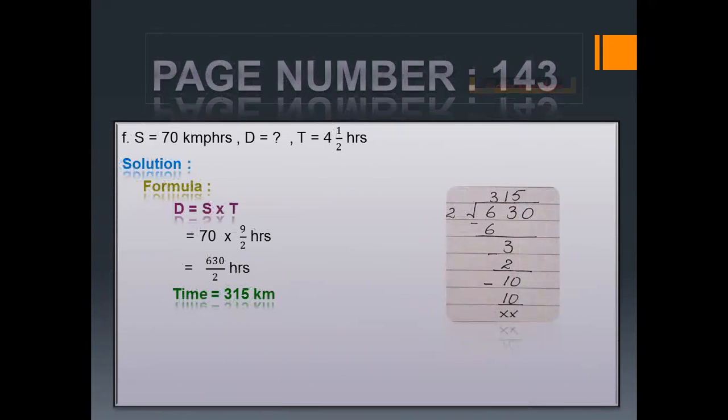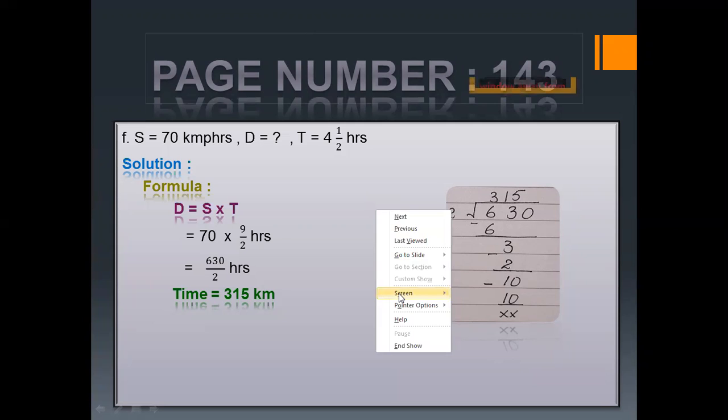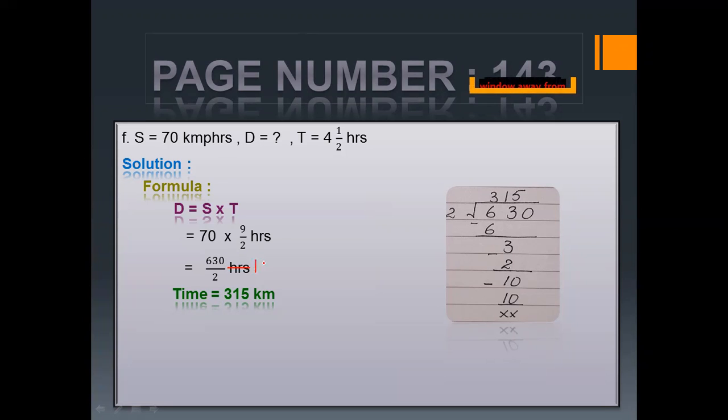The last part of this question is F. S is 70 km per hour. D is unknown and time is 4 whole number 1 by 2. When we calculate 4 whole number 1 by 2, 2 fours are 8 and 1, 9 over 2. 70 multiplied by 9 over 2 hours.